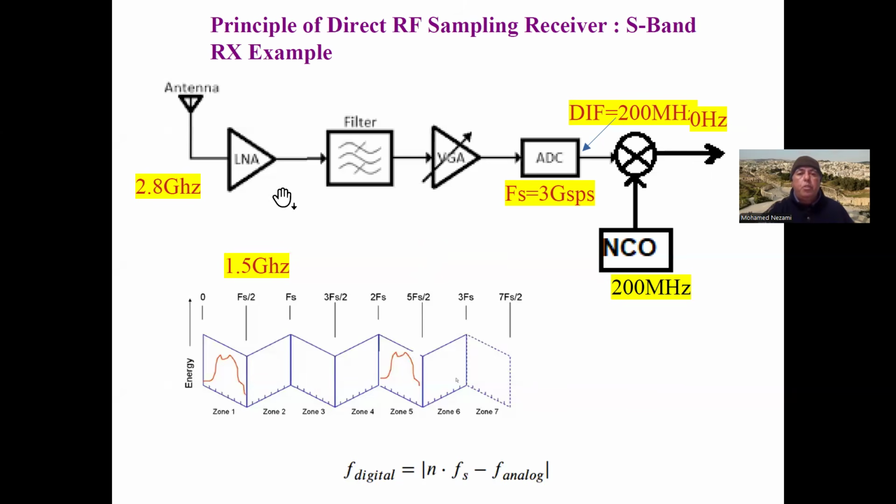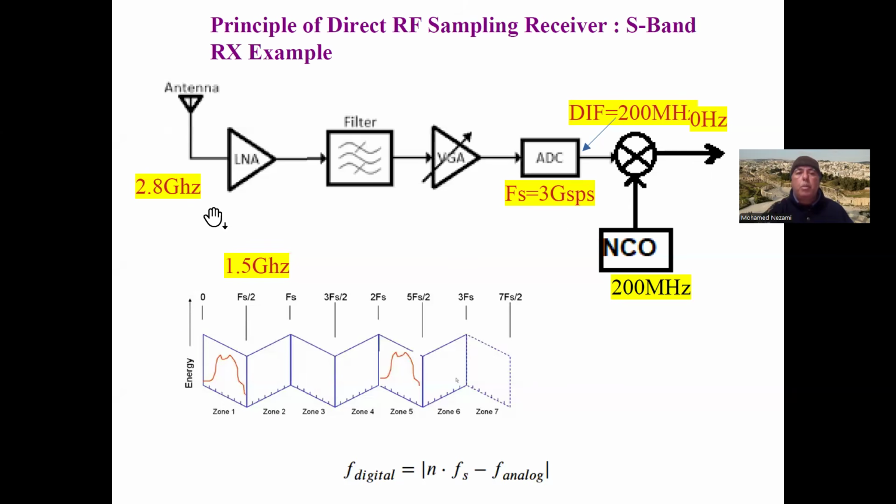So now, if you sample a signal at 2.8 gigahertz using a 3 gigasamples per second ADC, your information is going to be in the first Nyquist zone, which is from 0 to 1500 megahertz, or 1.5 gigahertz, and that's the definition of the first Nyquist zone.